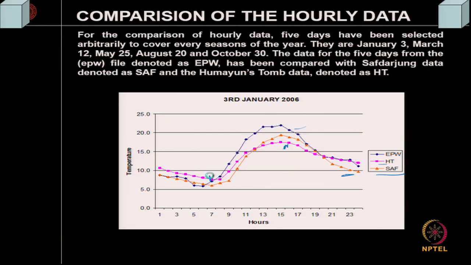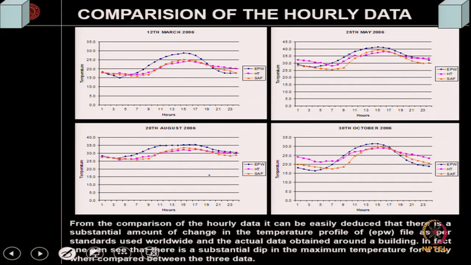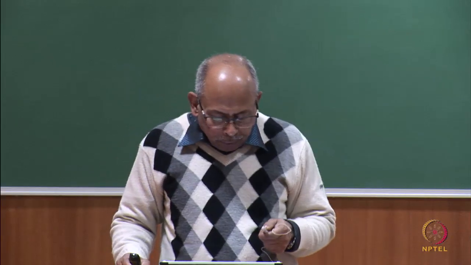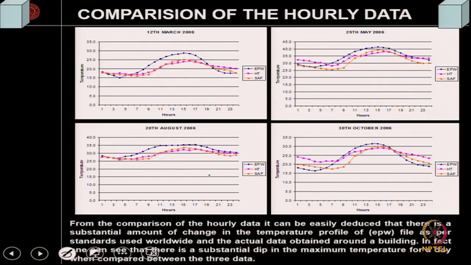So, even by doing a kind of energy calculation for buildings located in these two areas, this can show that there is a lot of energy saving. So, one can find out the quantity of the temperature variation. The pink is for Humayun's tomb, and this is for Safdarjung airport.